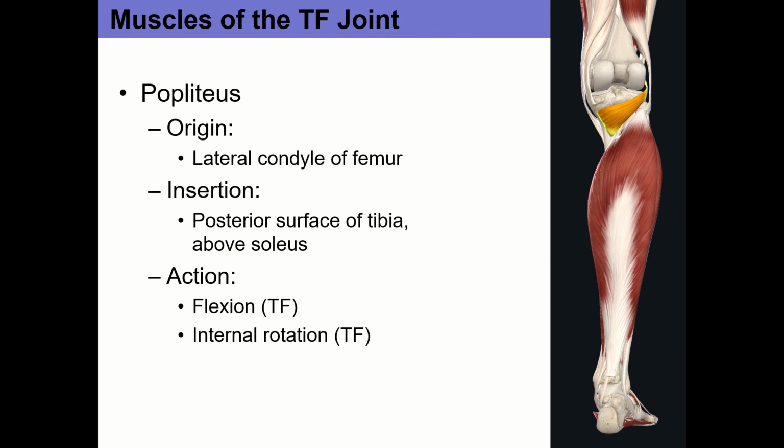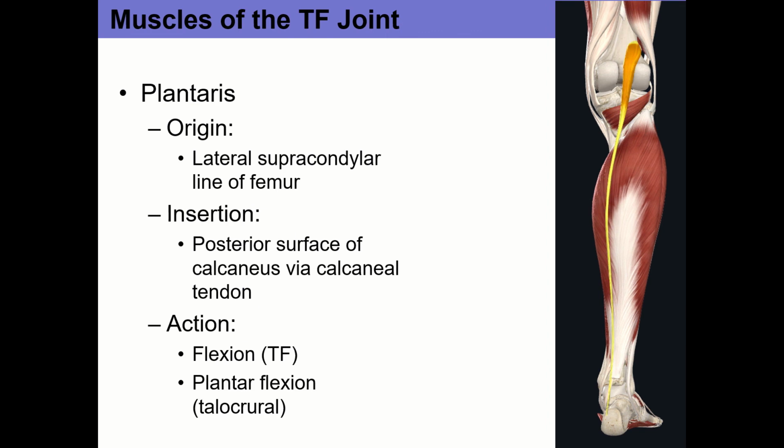And then the last one is Plantaris. So Plantaris originates above the lateral condyle, that supracondylar line, and then its tendon runs in with gastroc and soleus. So it actually runs into the Achilles or the calcaneal tendon, and then with that tendon, it inserts into the dorsal aspect of the back of the calcaneus.